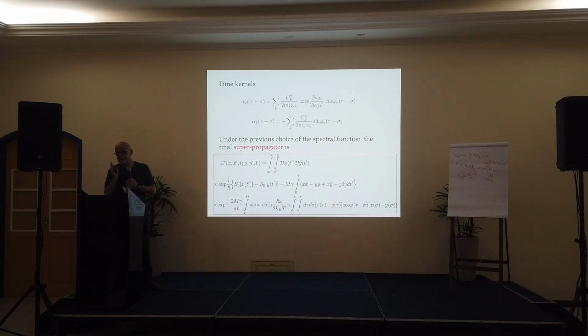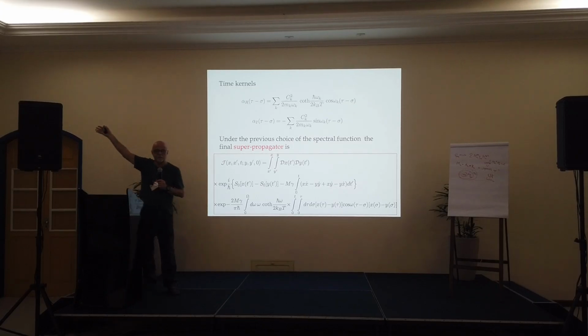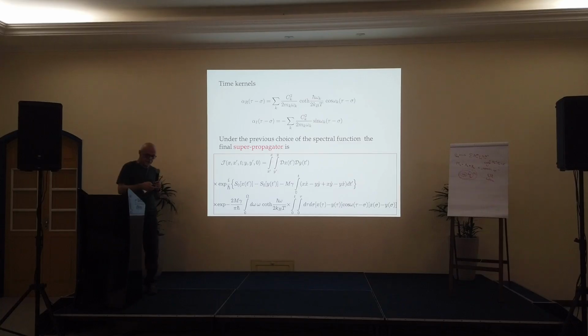So that's why it's useful, because I can perform these integrals exactly. And the last term is something like this, because mind you, I'm using this spectral function, so I replace all my summations over the modes by the integral over J of omega, that spectral function. That allows me to write in the end of the day something like this.